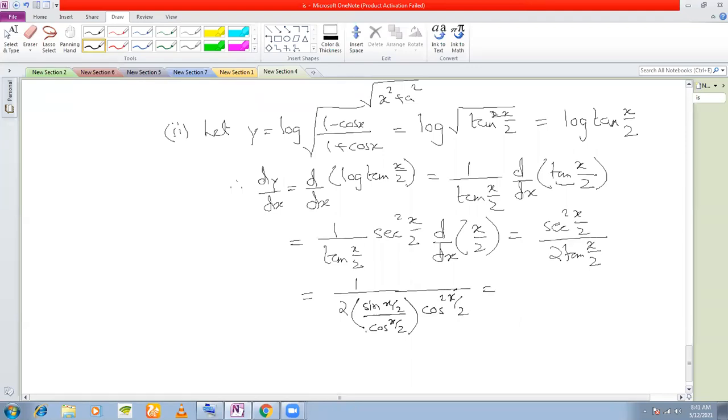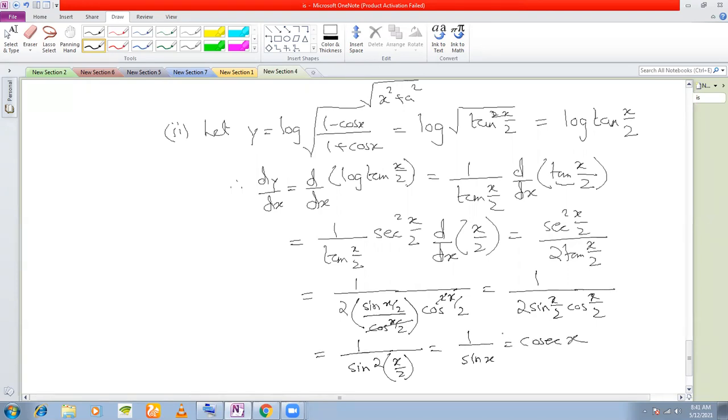So what are you getting here? One cos cancels. You simply get 1 by 2 sine x by 2 cos x by 2. And what is 2 sine theta cos theta? It is sine 2 theta. You simply get 1 by sine of twice x by 2, which is 1 by sine x, which is simply cosec x. So this is how you simplify this.